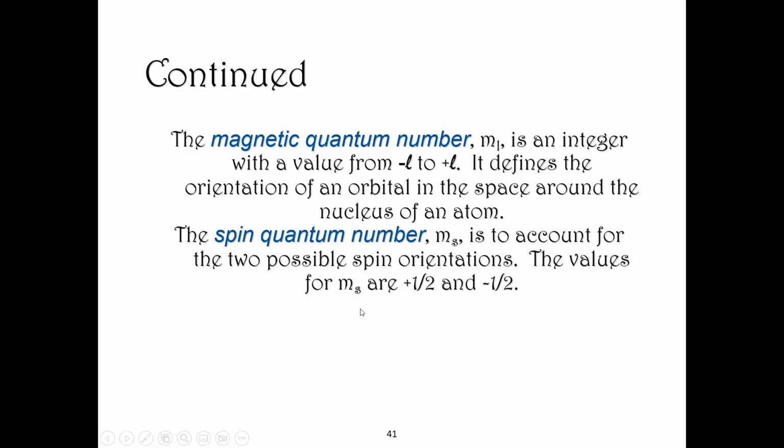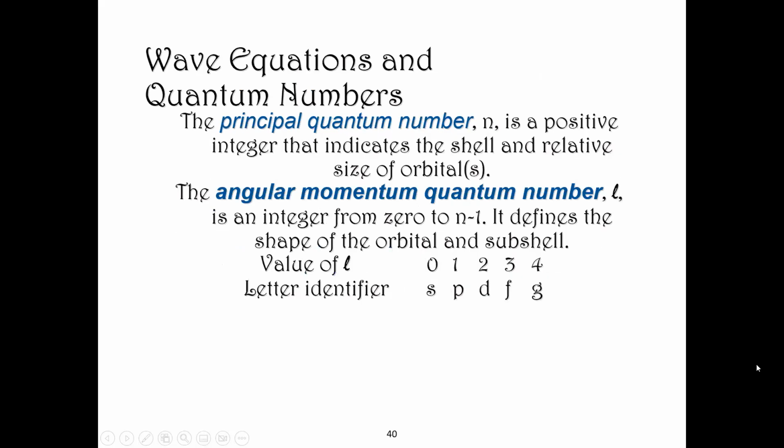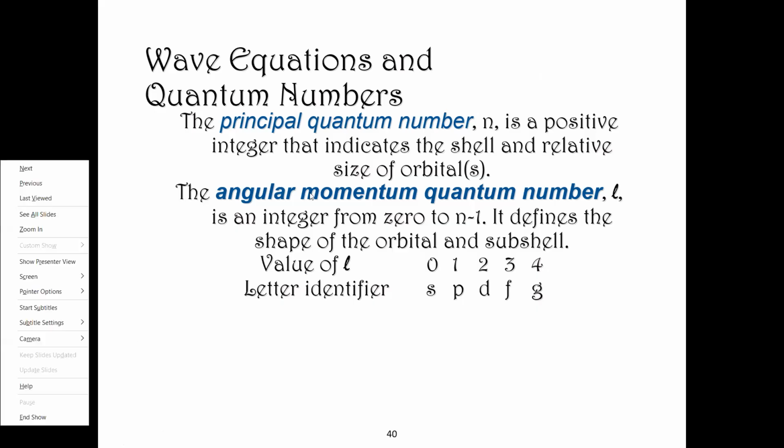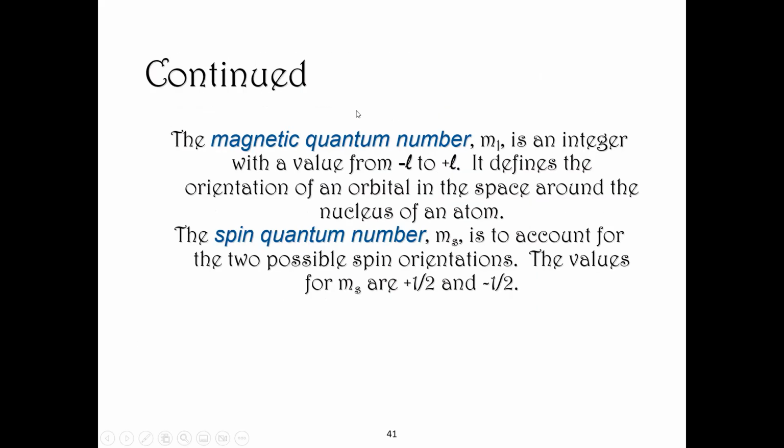And then the last two quantum numbers. The magnetic quantum number, so this is going to be m sub l. And with this, again, this is going to be an integer. This can go from negative l to positive l. And I should mention, this is going to describe the orientation of the orbital.